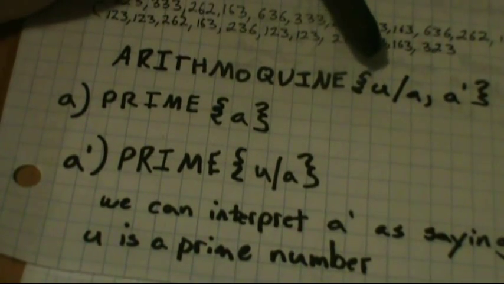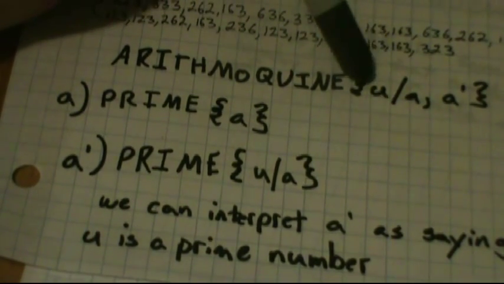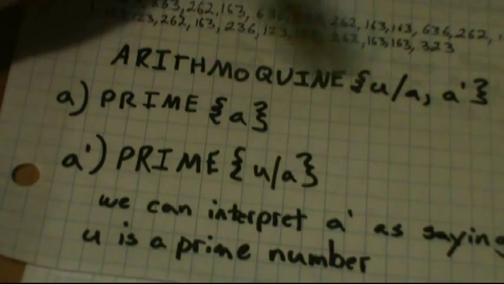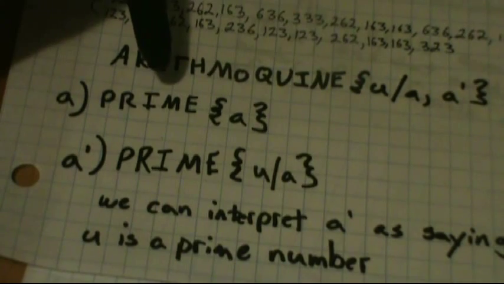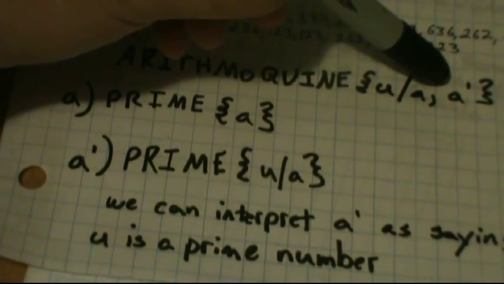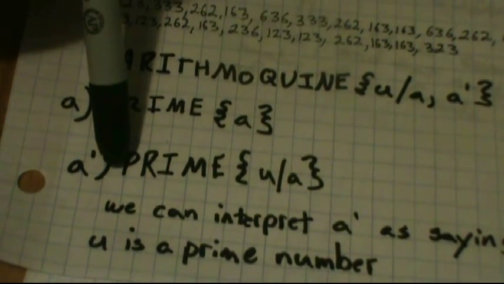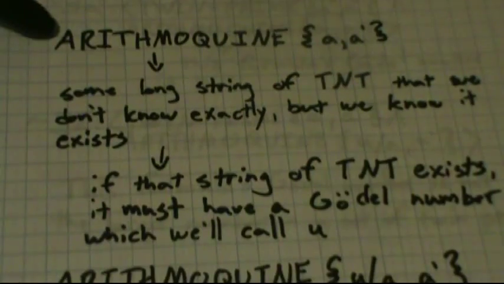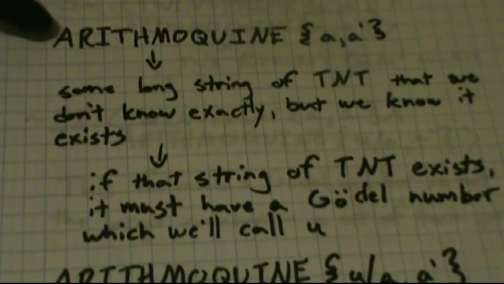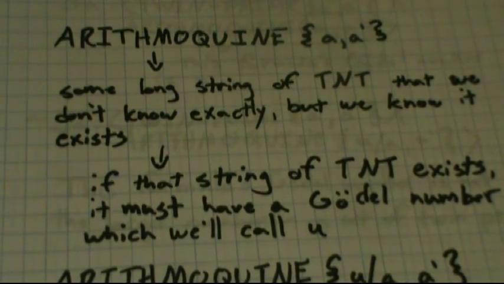So I hope you can see that anytime we use any number for a, where the number is the way to talk about this string of TNT, the number a prime that works for this is going to be one way to express this string of TNT. This is our shorthand way of writing some very long string of TNT.